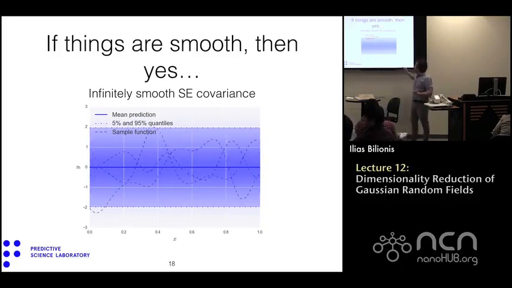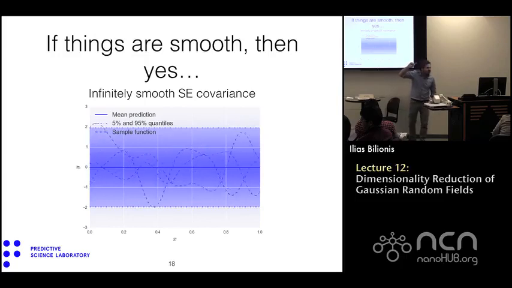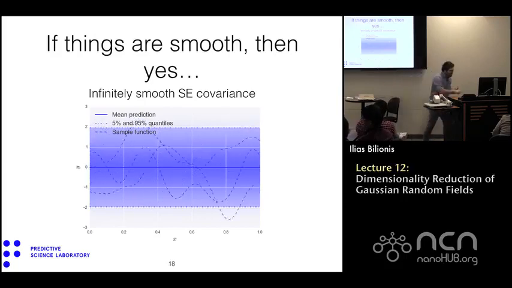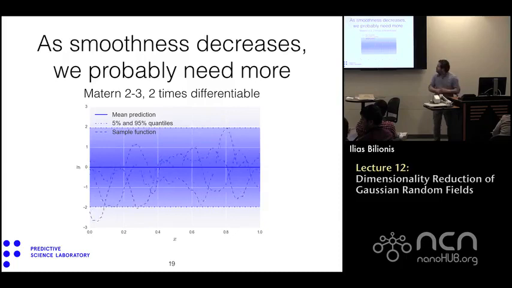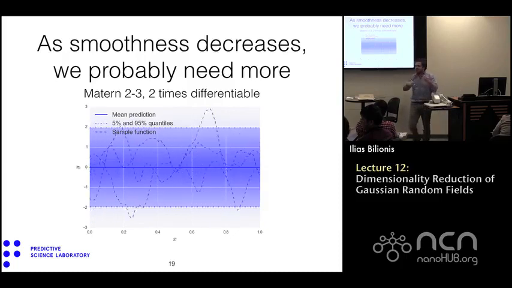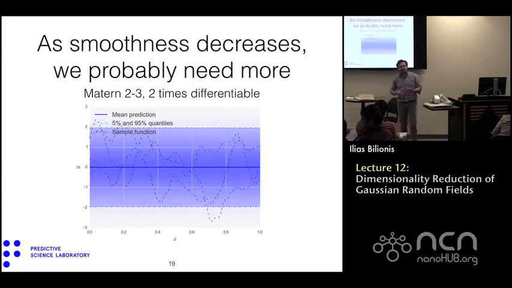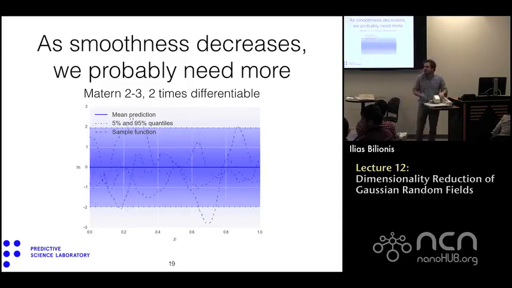Even if you want to use 1,000,000 discretization points in your solver, it's obvious that to describe these functions you don't need 1,000,000 numbers. You probably need like 10. But how are you going to do it? Of course, as you go to more and more complicated functions, as you make the Gaussian process less smooth, you're going to need more points, naturally, more variables to describe it.